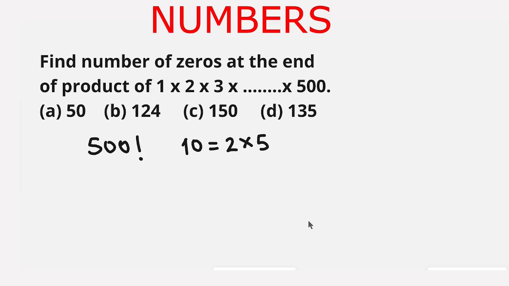So if we find the power of 5 in 500 factorial, that will be the same as the power of 10 in 500 factorial.